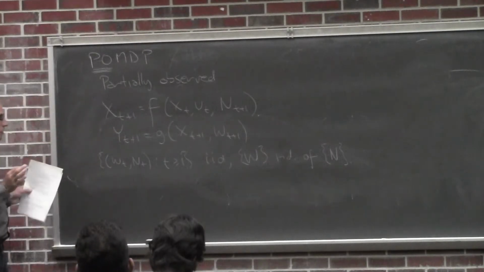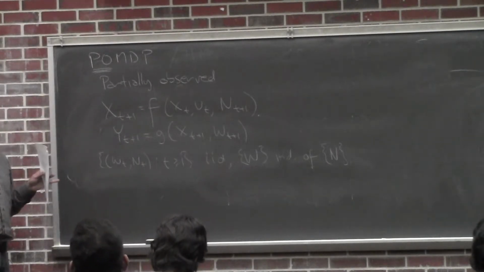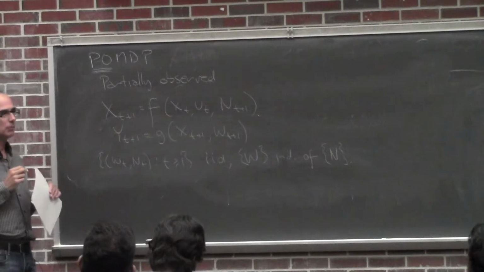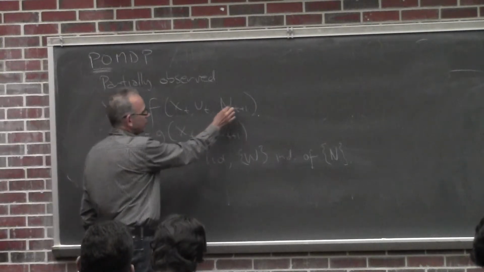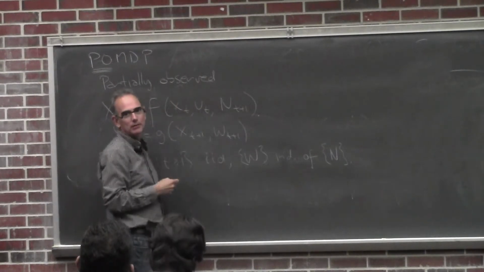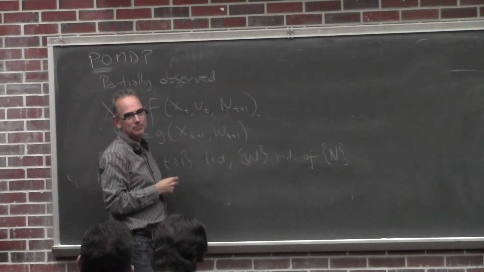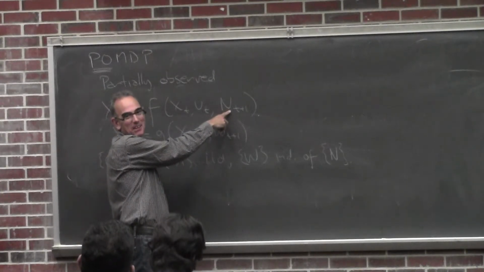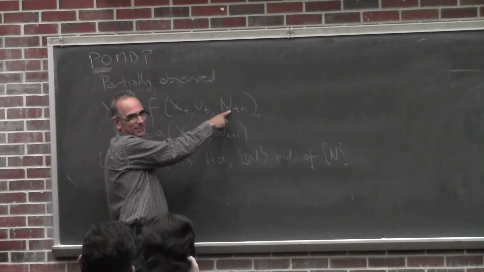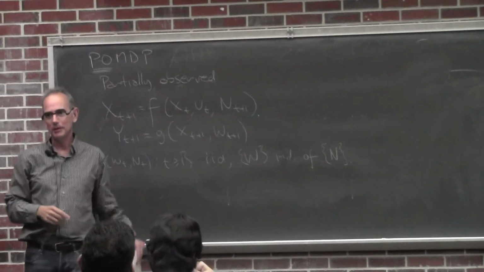That's all crucial. This is all fragile. If you perturb those assumptions, you're in trouble. If there was dependency in these, you'd have to change the state. You'd have to call that a state, and then you may be able to handle it. So it's not that bad.